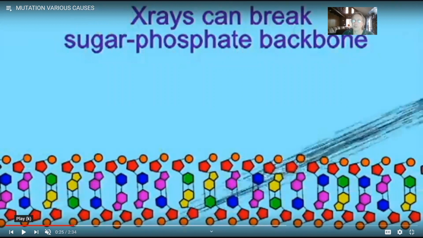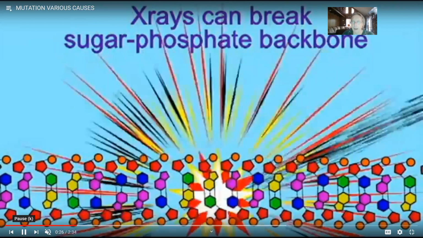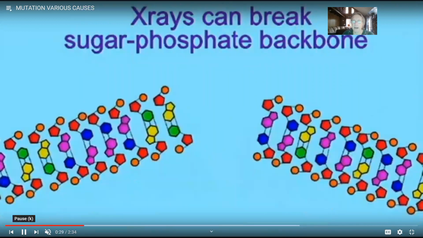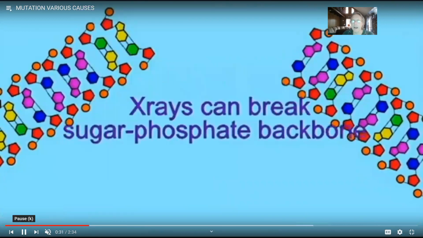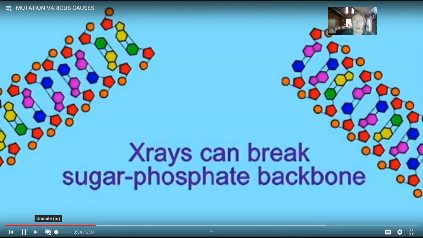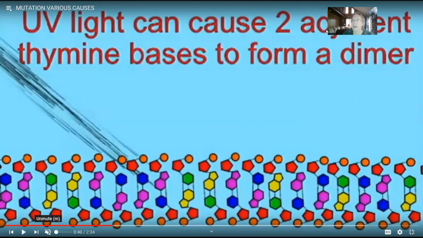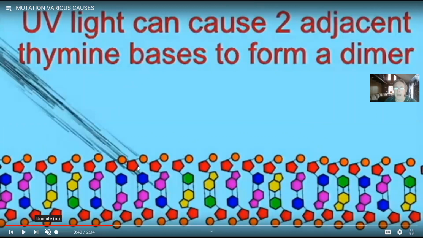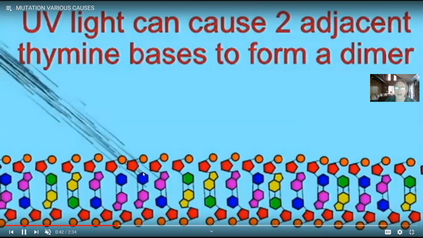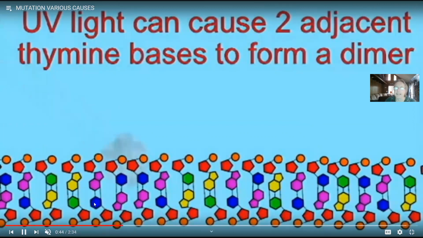X-rays can break sugar phosphate backbones and cause a DNA molecule to break, which could lead to chromosomal mutations, which I'll get to later. Ultraviolet light can strike us. And if you have two thymines next to each other, thymines are there in blue, it could cause them to adhere in what's known as a dimer.